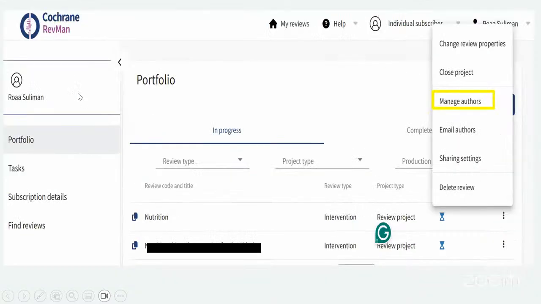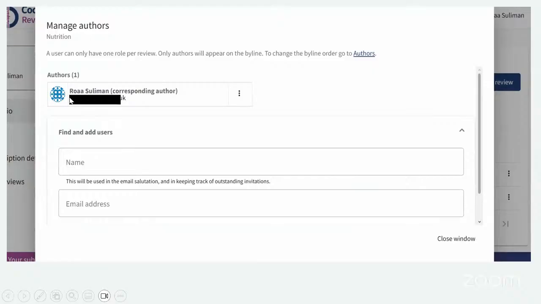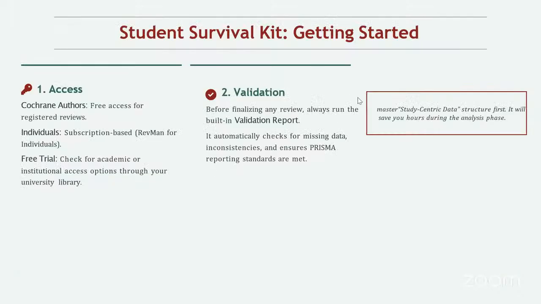You choose manage authors. After that, this screen will be shown to you, your name, and then here you write. It automatically, then he can go to the review directly.